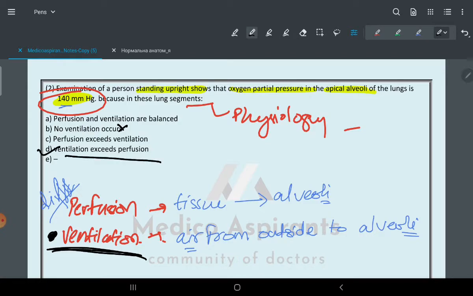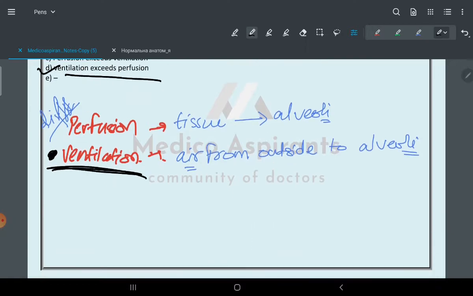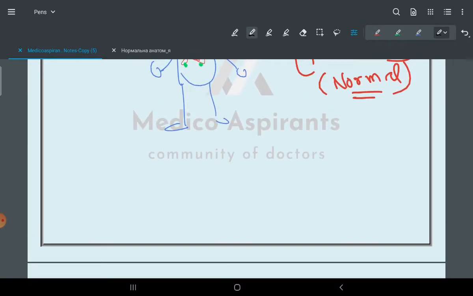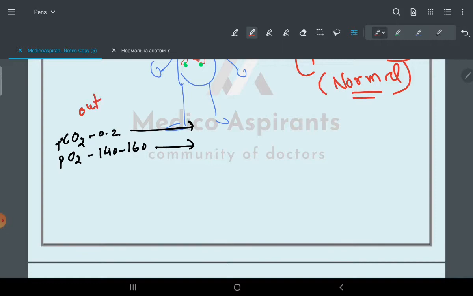But for those students who want to remember this numerical concept, for numerically what you have to keep in mind is that the outside oxygen partial pressure is supposed to be less. Okay, just remember it is 0.2. O2 will be around 140 to 160. It is the outside dry air.